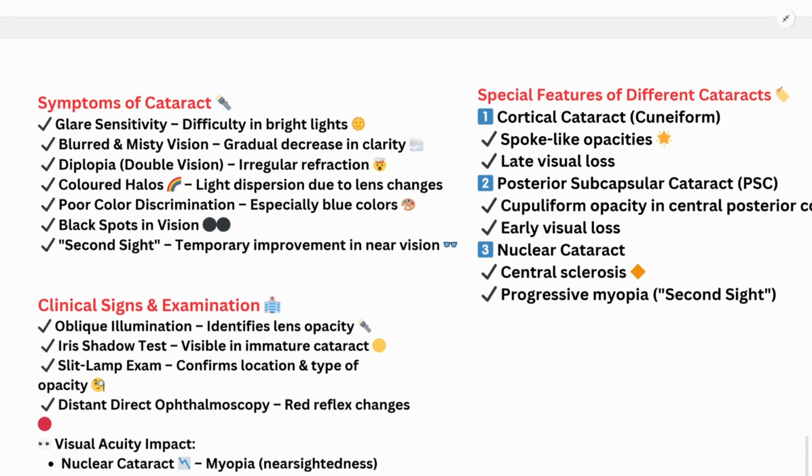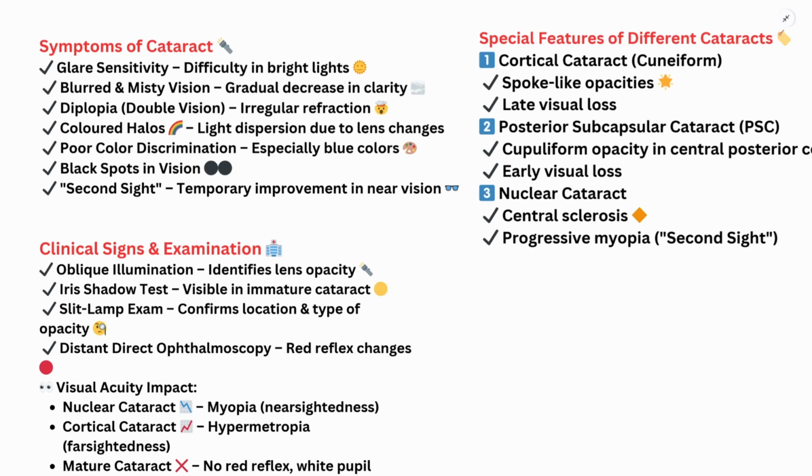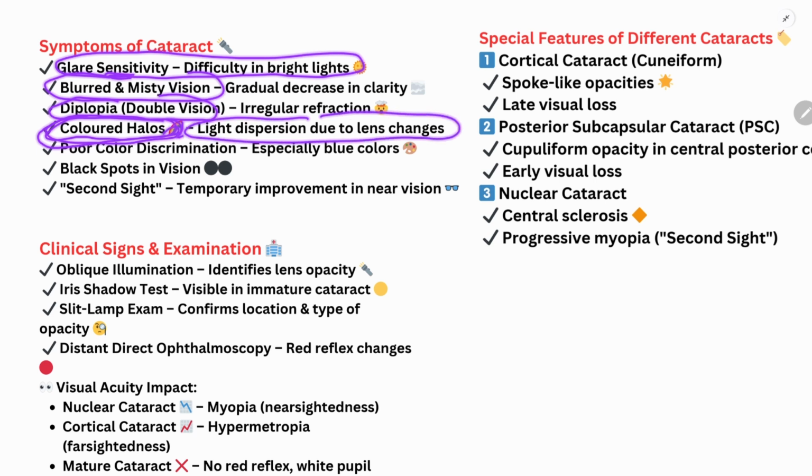What are the symptoms of senile cataract? The symptoms are glare sensitivity, like difficulty while driving at night time or in bright lights, blurred or misty vision, and diplopia, you will see double vision. Color halos are seen due to light dispersion due to lens changes, poor color discrimination, black dots in vision and second sight.